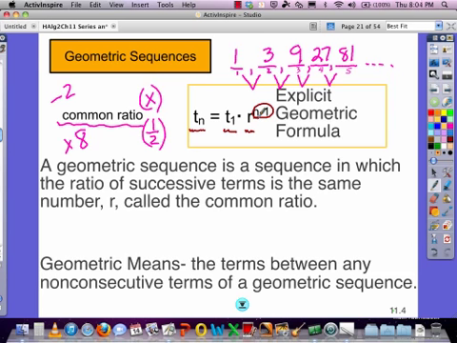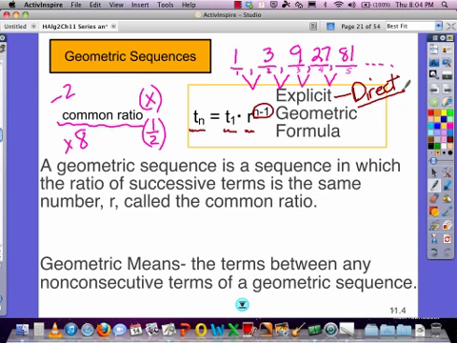If I was looking for that 5th term like I had there, then 5 minus 1 would make that a 4. So I would have 3 to the 4th times 1 as my T sub 5 term. And you can see 3 to the 4th times 1 is definitely that 81. So that's the thinking involved in an explicit geometric formula. And remember, explicit, that's a good word for we go directly to what we're looking for. It's not recursive, where you go one after the other.